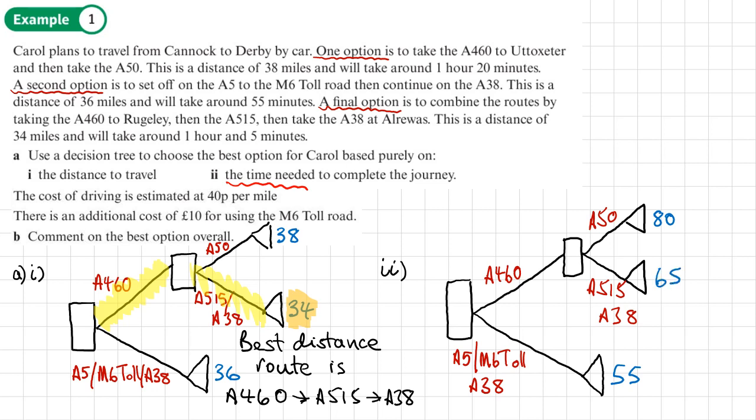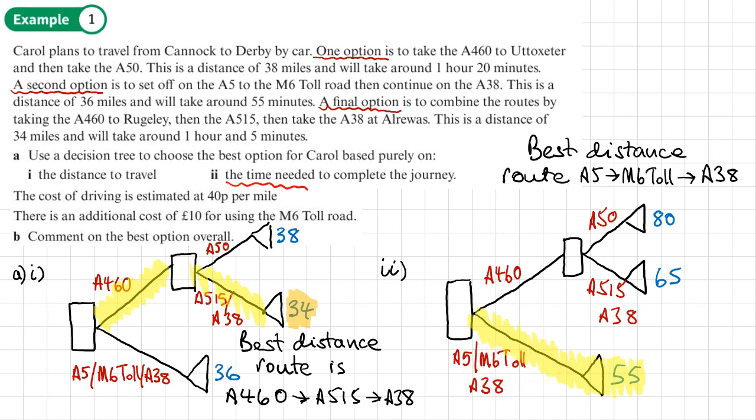So I can see from this that in terms of time, it is the lower branch down here which is the best, which has the lowest value, the best payoff in terms of this problem. So the best route in terms of time is going to be this lower route down here.